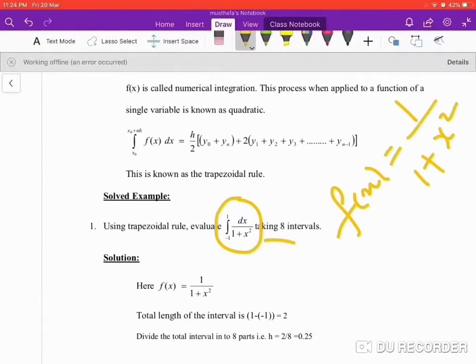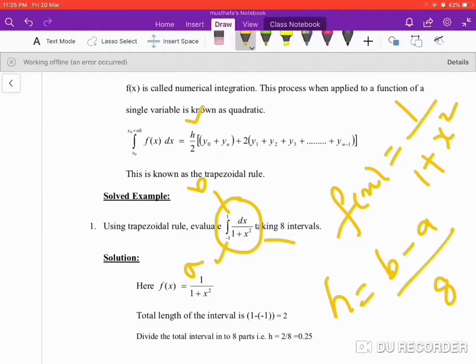According to the trapezoidal formula, we need the value of h. To calculate the value of h, the formula that we are going to use is b minus a over the number of intervals, which is nothing but 8 in the given problem. So b is the upper limit of the given integral and a is the lower limit.